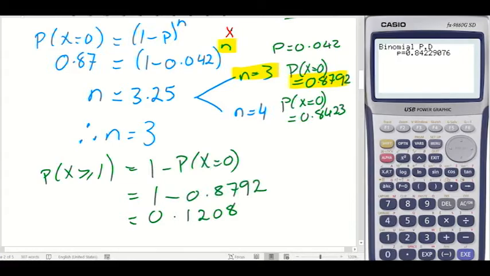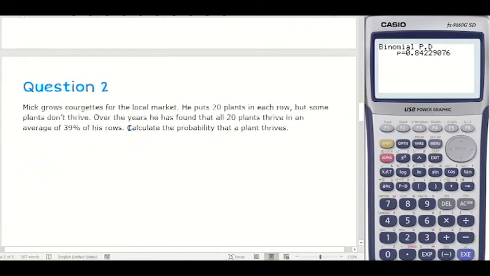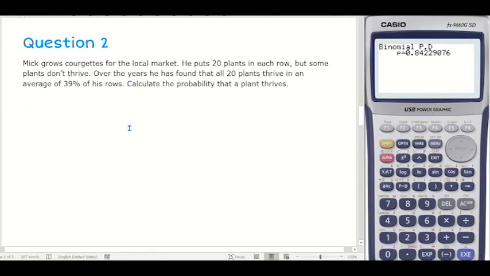Okay, let's go on and have a look at question 2. So Nick grows courgettes and he puts 20 plants in a row. Some don't thrive, and he's found that all 20 plants thrive at an average of 39% of the rows, and we want the probability for a single plant.